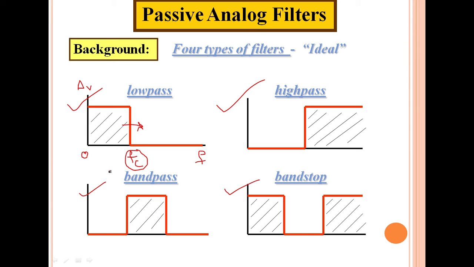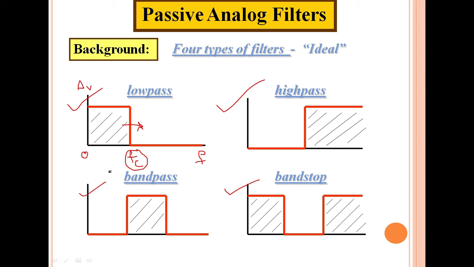From 0 to FC the signal is allowed to pass, but after the cutoff frequency the filter attenuates, or opposes the flow of the signal into any circuitry. This is called the low pass filter.